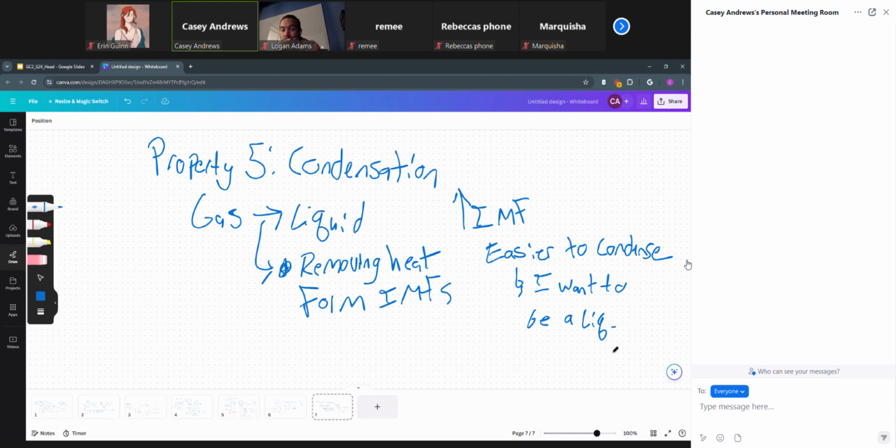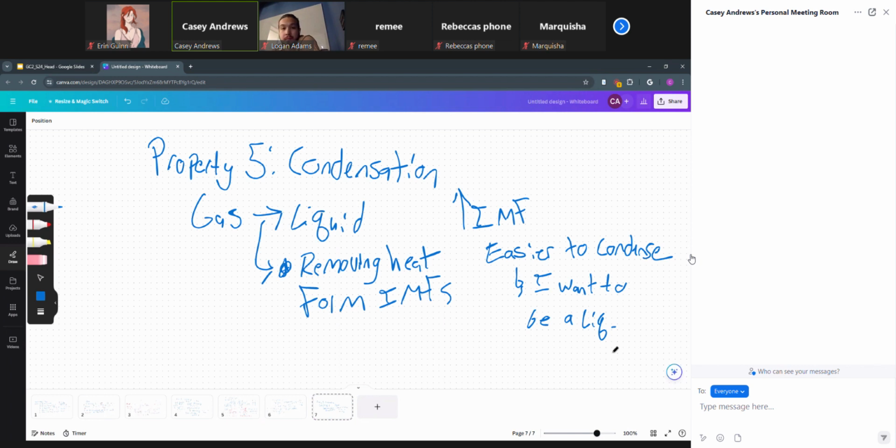And nonpolar molecules are the opposite, right? As we just talked about earlier today, 78% of the thing you're breathing right now is nitrogen gas. Nitrogen is nonpolar. To make it a liquid, you have to go to like minus 200 Celsius. It has to be incredibly cold because it has no intermolecular forces other than dispersion.